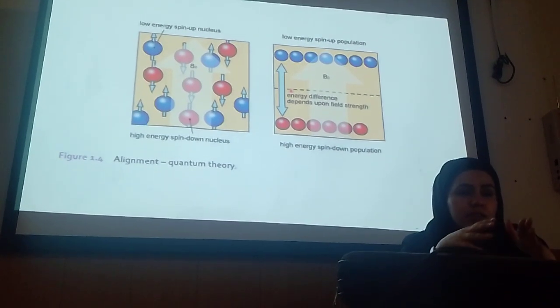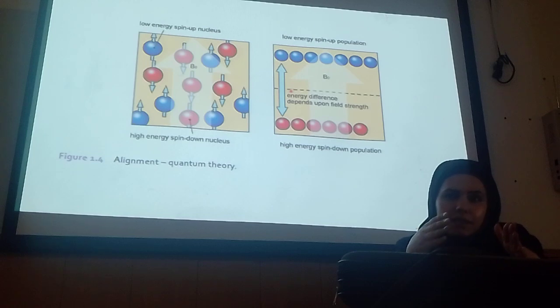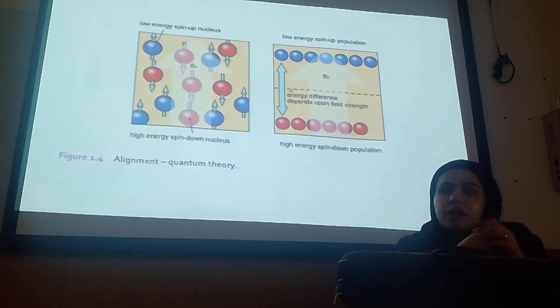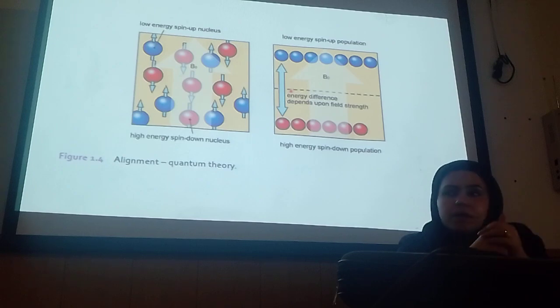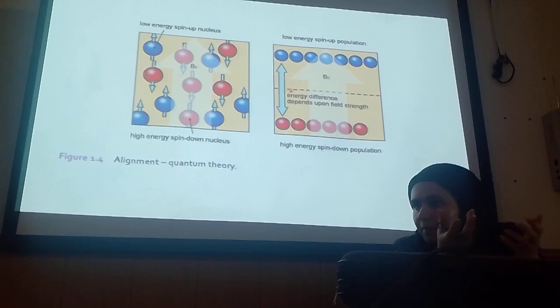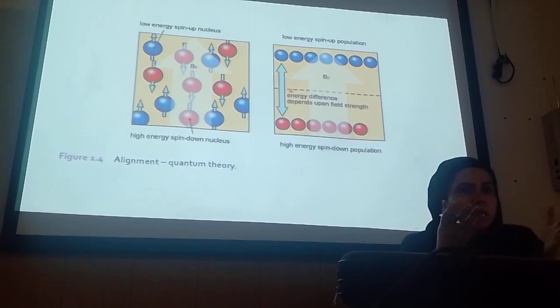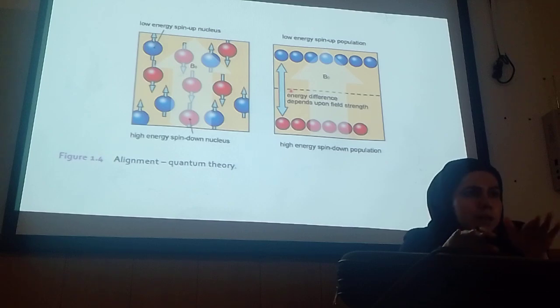In this situation, for the first step, we could produce M through applying the magnetic field. Without applying a magnetic field, we don't have any magnetization.